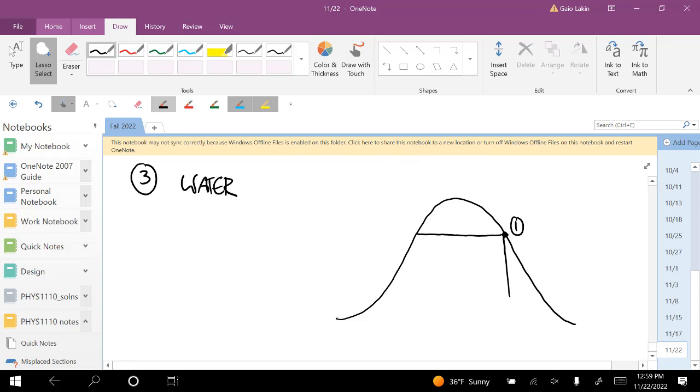There's state 1, 2, 3, 4. And we're given this time a mass flow rate. So m dot is 120 kilograms per second.